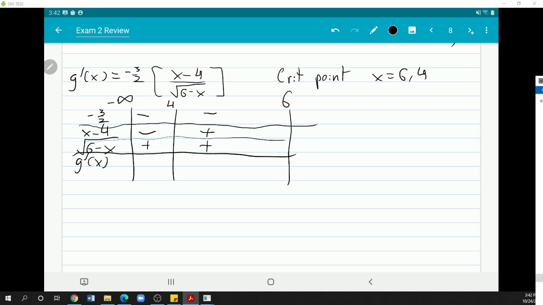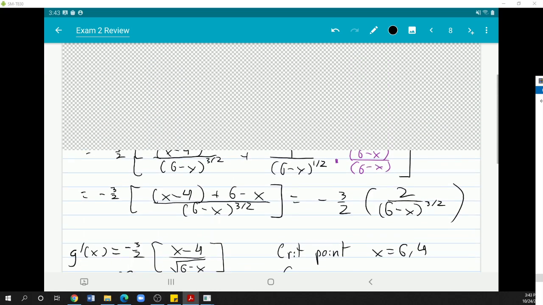And I write down the minus 3/2 because sometimes I forget that constant's out there, so that just makes sure that I keep it written down. So that doesn't give me any issues. So here I get its positive, here I get its negative. So this function is increasing from minus infinity to 4, and it's decreasing from 4 to 6. And we should have a maximum at that 4 place.